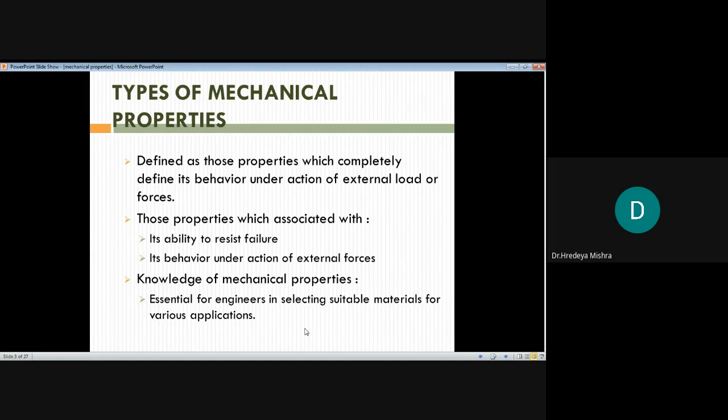That's the reason why we study this unit first, because although this is our third unit, we start it like a first unit. Before we design a component or select the material for it, we need deep or basic knowledge regarding the mechanical properties of the metals. After that we can select the material or metal for different application components.